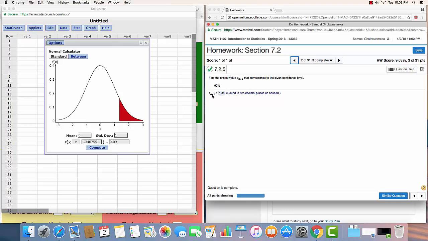That's alpha. Alpha is the significance level. Then you divide by 2. 18% divided by 2 is 9%, which is 0.09. Then you can now do it to the right, and it gives you 1.34.